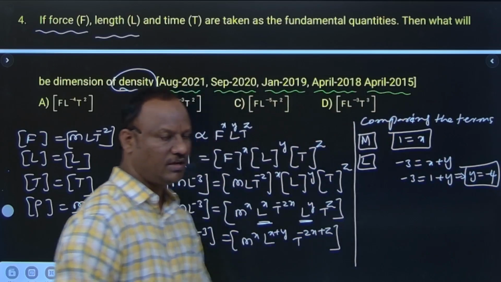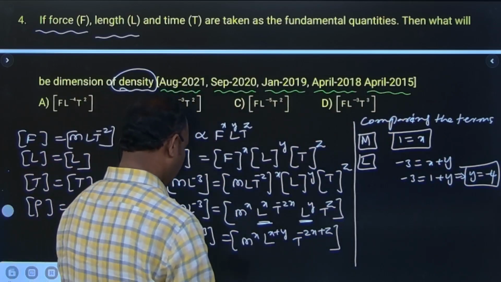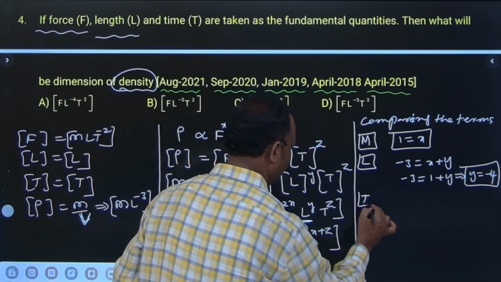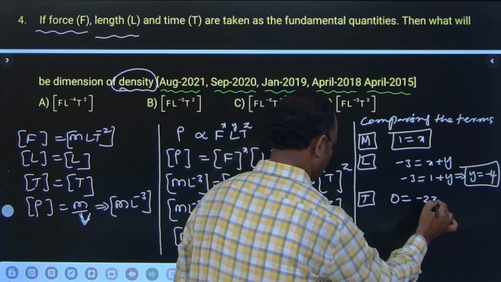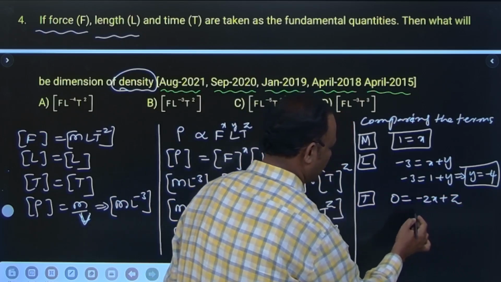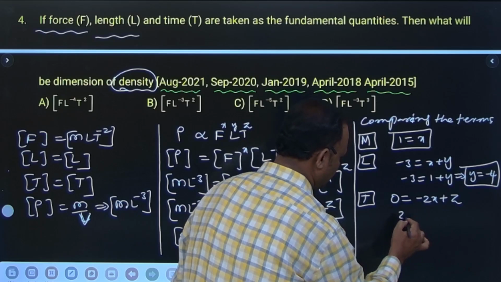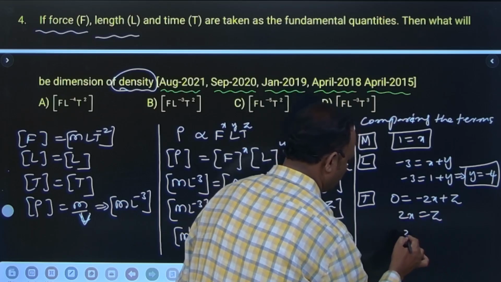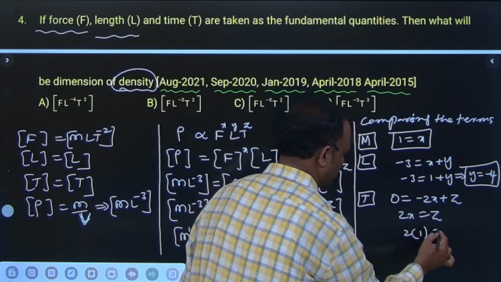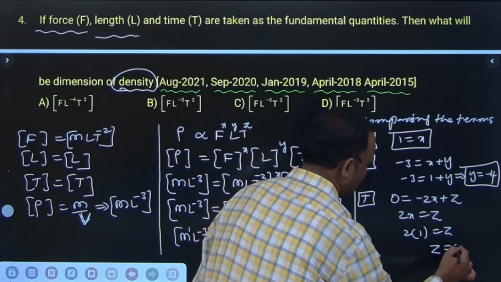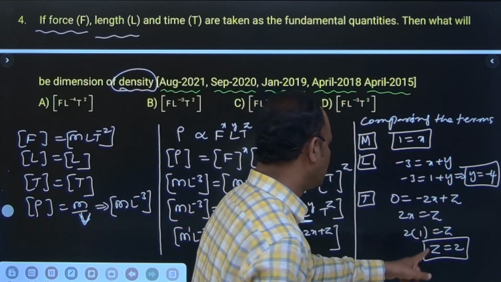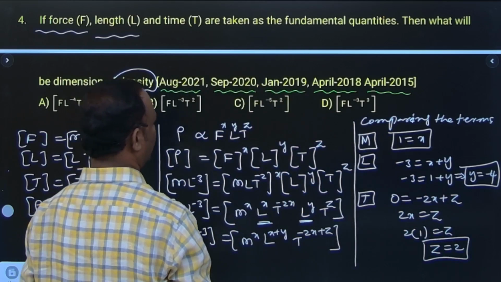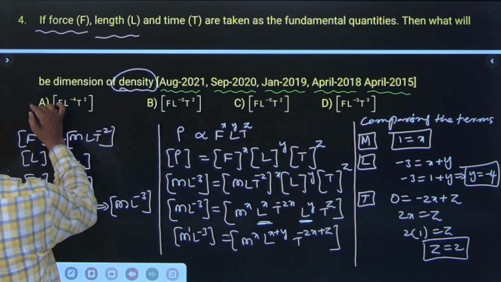Now compare the powers of T: 0 is equal to minus 2x plus z, so 2x is equal to z. 2 into 1 is 2, so z is equal to 2. So my answer is 1, minus 4, 2.